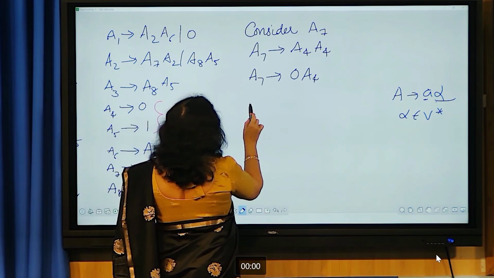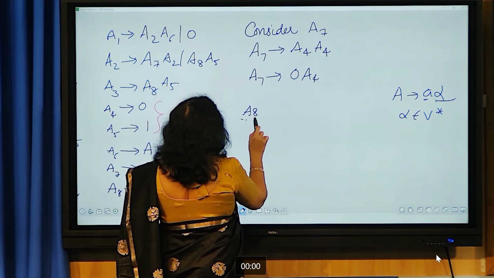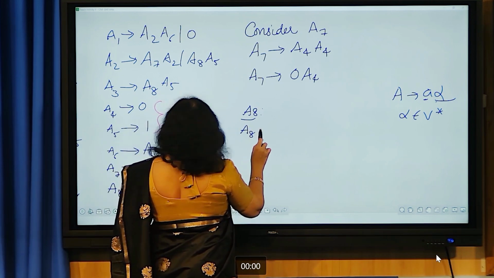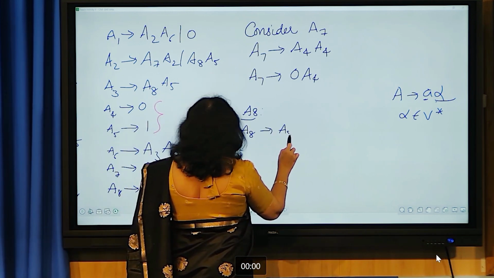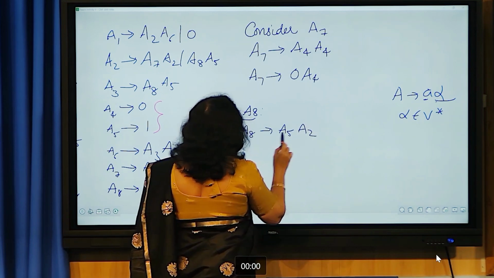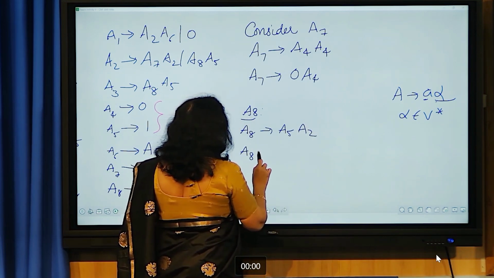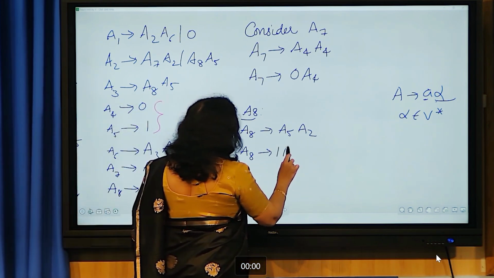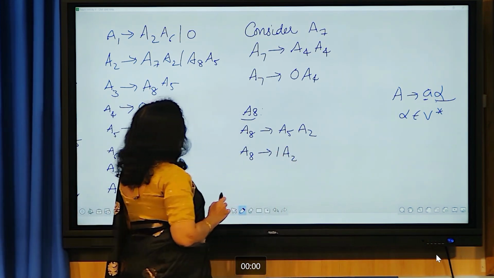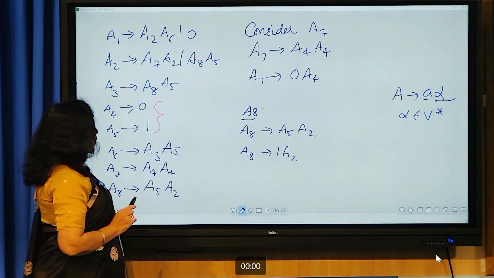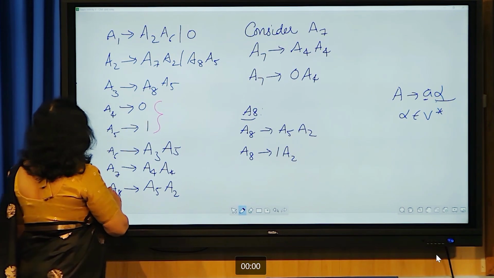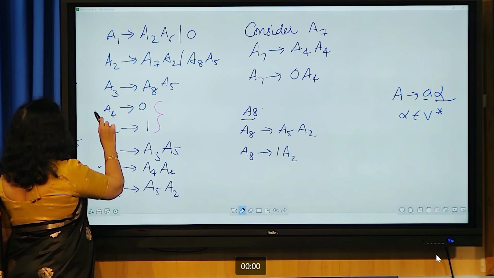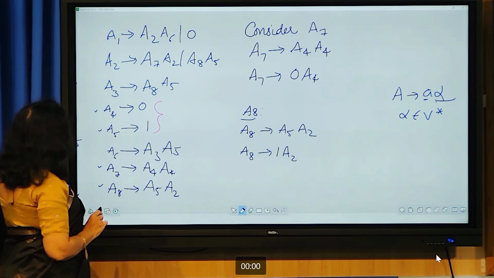Now, let us consider A8. A8 produces A5, A2. What is A5? A5 is 1, A2. So, A8 also we got in GNF. This we got in GNF, this we got in GNF, this is already in GNF.